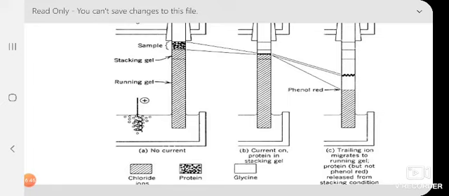Remember, a spontaneous electric gradient will generate. What gradient? At the leading anion, who is the leading anion? Chloride. The gradient will be less. And at the trailing anion, glycinate, the field strength will be more, to allow all three to run at a proper speed.